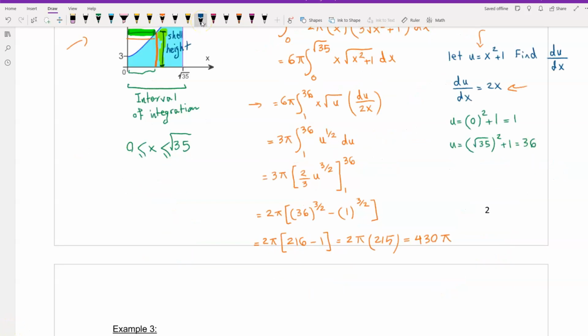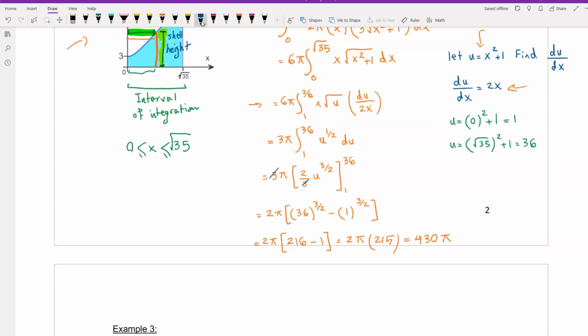So what I did on this part, first simplify: 3 divided by 3, we're going to have pi times 2, so it's 2 pi. Then using 36 instead of u and 1 instead of u, we have 36, and the power is 3 over 2 minus 1, the power is 3 over 2.